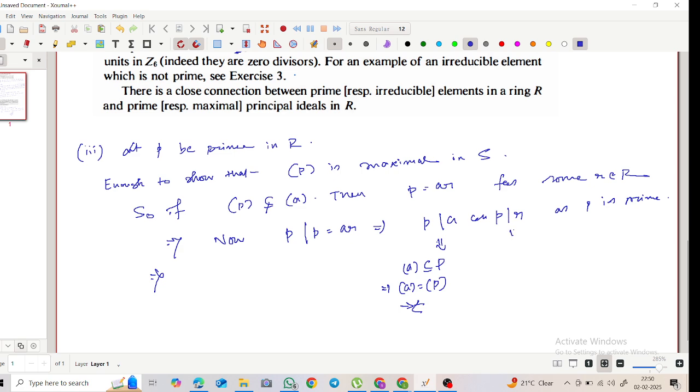And if this happens, that P divides R, then R is P into K for some K. Put P equals AR, you get R equals ARK, right? Take R in common, R times (1 minus AK) equals 0. Now since this is an integral domain, R is 0 or 1 minus AK is 0, right?